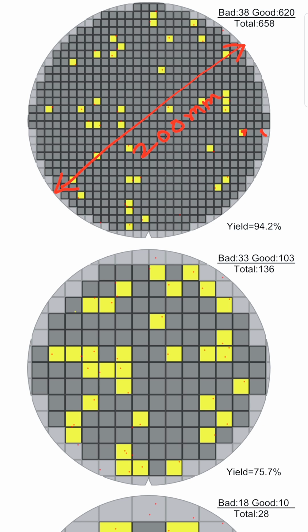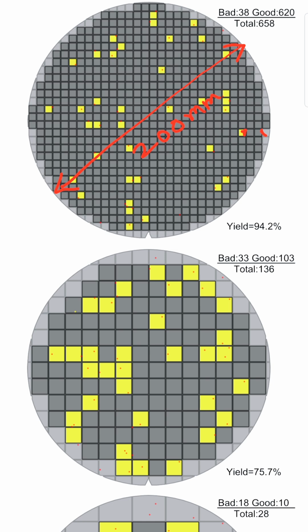Now after fabrication is complete, there is a percentage of silicon dies or chips which are bad and the rest are good. So yield in IC fabrication refers to the percentage of silicon dies which are good.